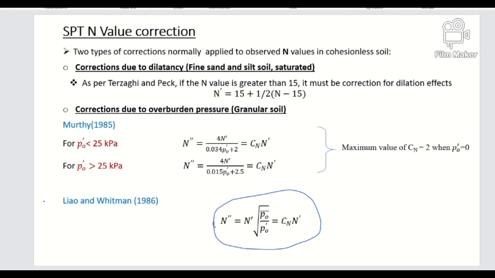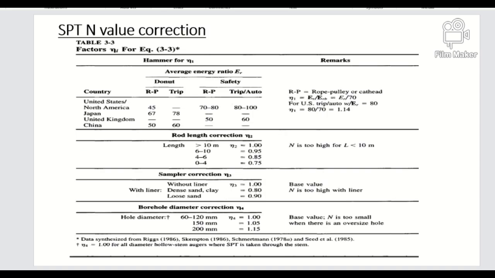And then we will see another correction, for the hammer. Here if you choose a donut hammer or safety hammer, with trip system or rope and pulley system, the energy ratio will be applied. So it is not 100%, it will take some ratio, and this ratio follows this formula.